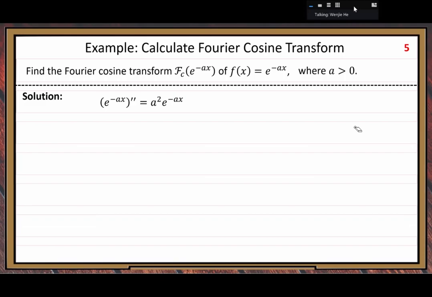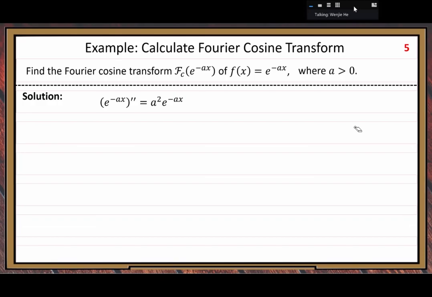If you look at the forms of the formulas, it is more convenient to use the second derivative formula. Why? Because for the second derivative, when we apply the Fourier cosine transform, the result also uses the Fourier cosine transform. If we use the first derivative, then the result needs the Fourier sine transform, but the question does not ask us for the Fourier sine transform.